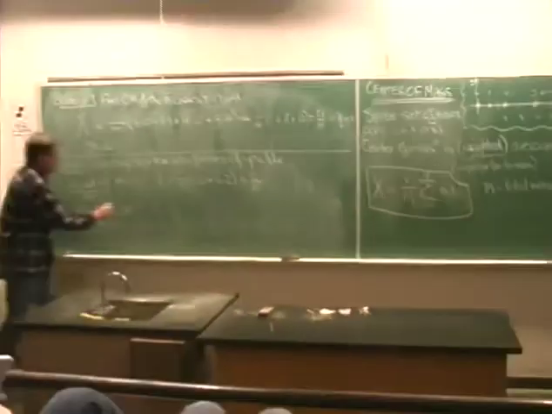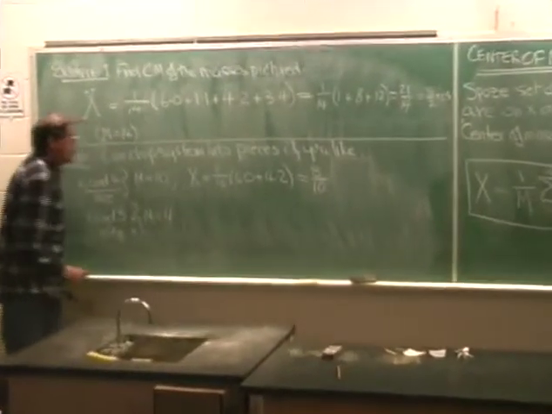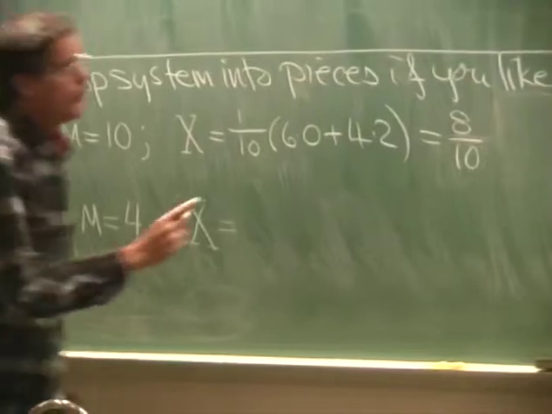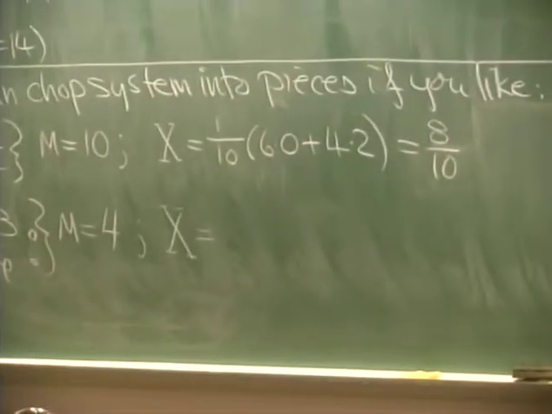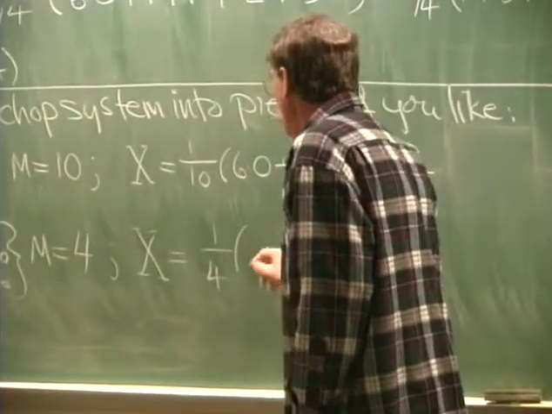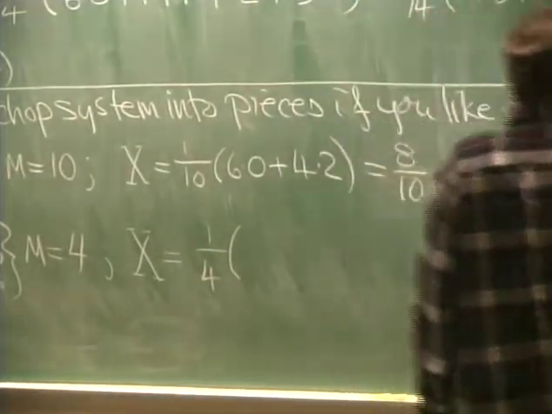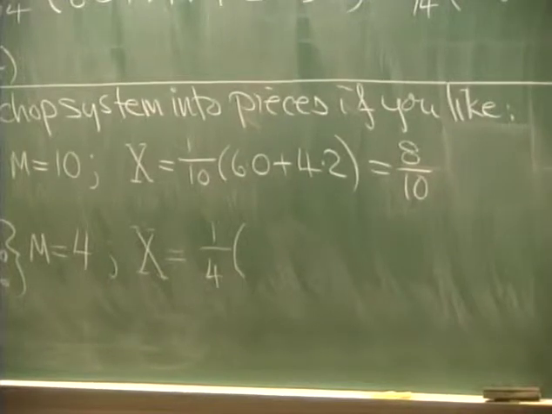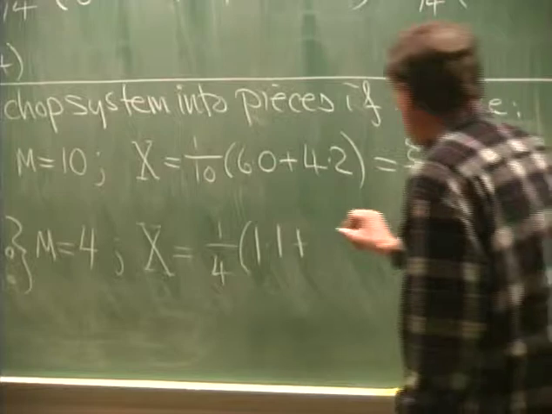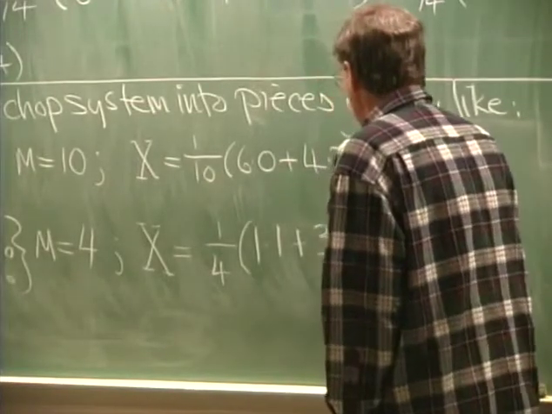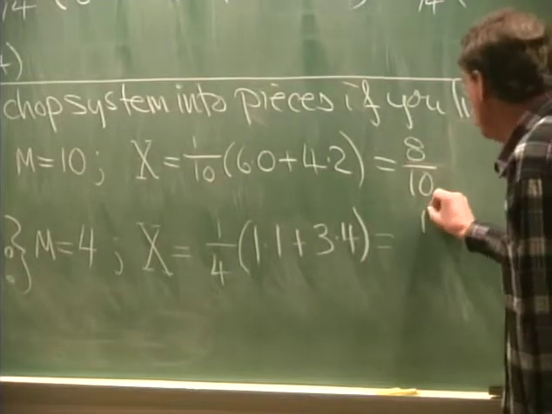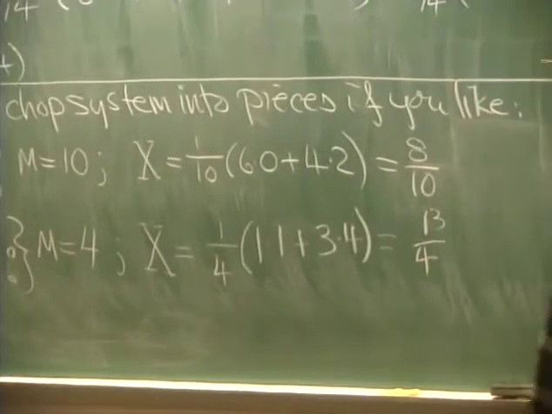The total mass is 4, 1 plus 3, and the position of the center of mass of those 2, the 1 and the 3, would be 1/4, 1 over the total mass, times, let's see, 1 at position 1 plus 3 at position 4 is equal to 1 plus 12 is 13 over 4.